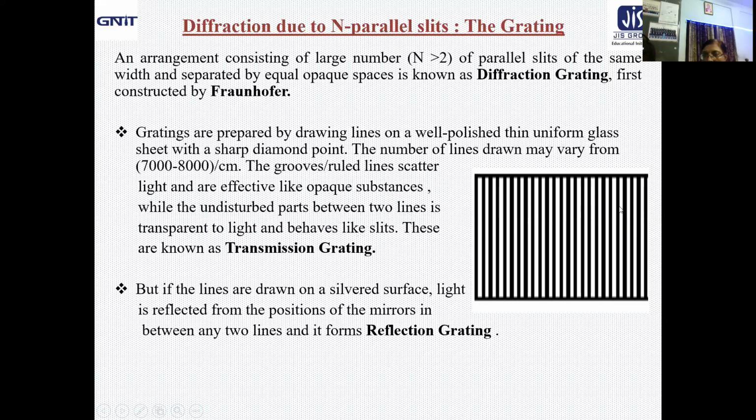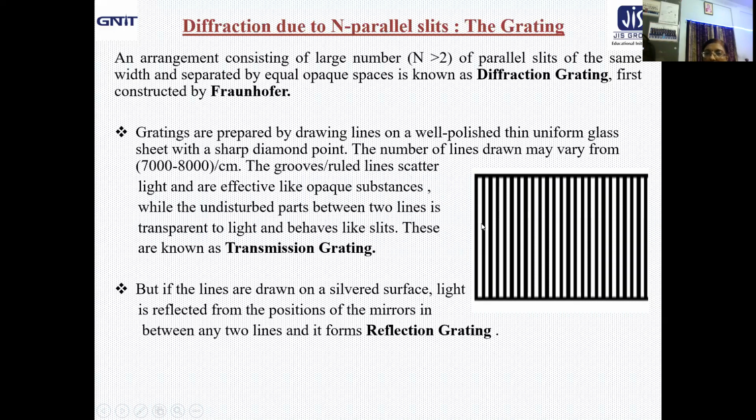Just take a look. Say this is a well polished thin uniform glass sheet on which lines are drawn. Definitely with the help of sharp diamond point, when you draw the lines, you will not get this type of black lines. Rather you will find the cuts or the grooves. And from the position of the cuts or the grooves, the incident light is found to be scattered just like the opaque substances.